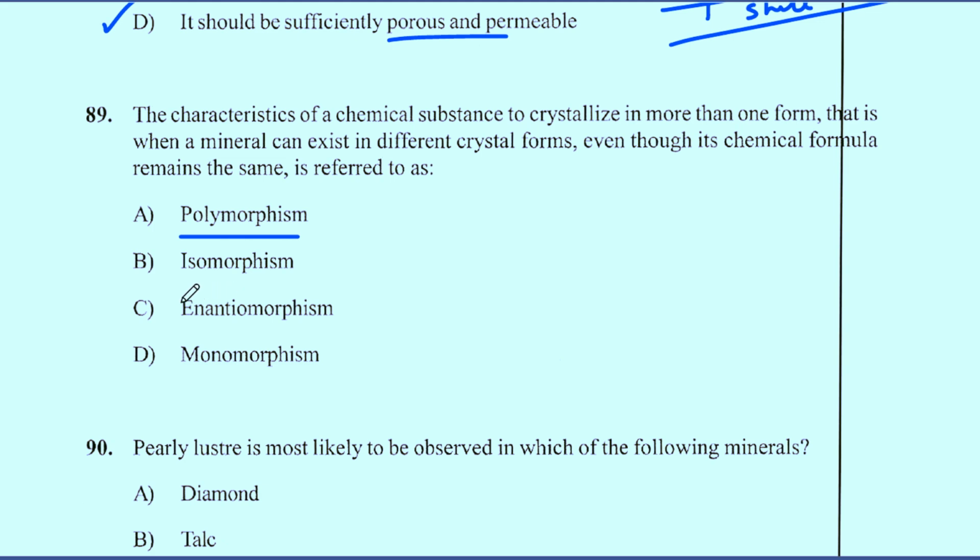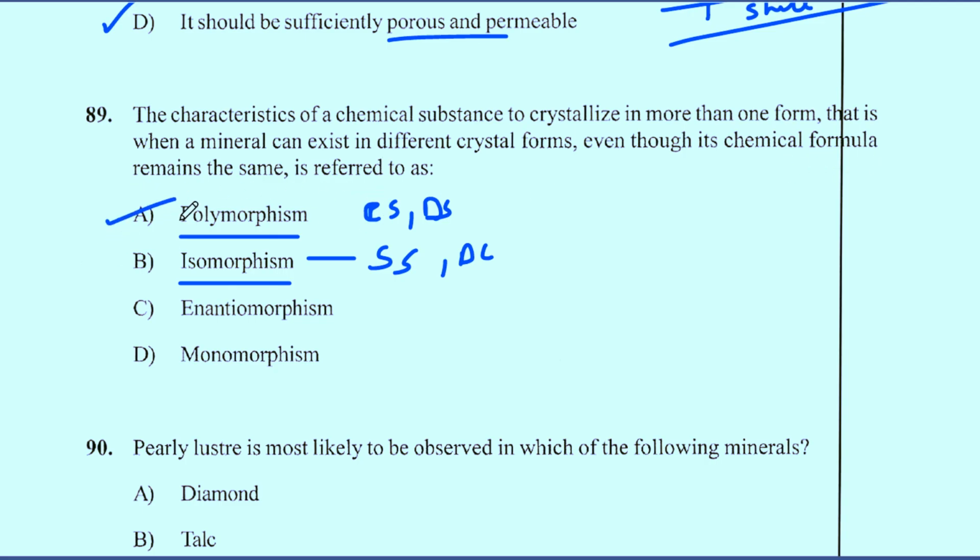Polymorphism and isomorphism: isomorphism is same structure, different composition; polymorphism is same composition, different structure. What they are asking is the characteristic of a chemical substance to crystallize in more than one form, that is, when a mineral can exist in different crystal forms even though the chemical formula remains the same.